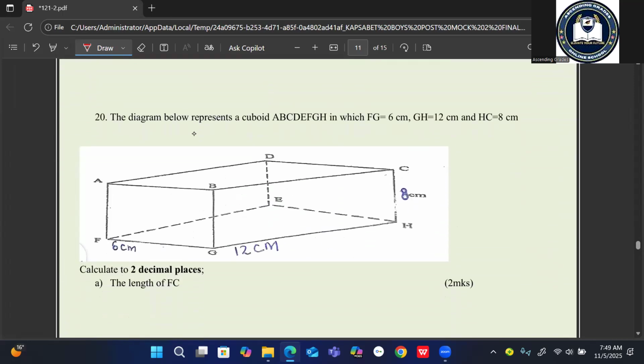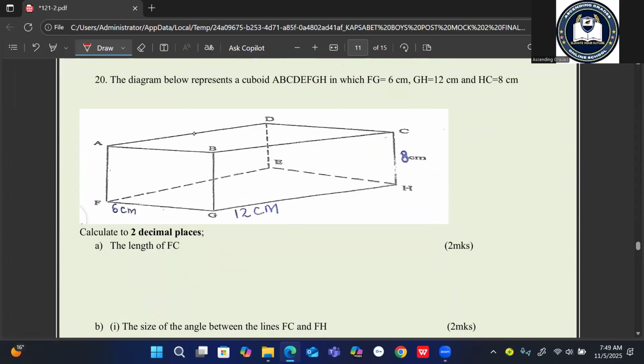That is number 20. The diagram below represents a cuboid ABCDEFGH, in which FG is 6 centimeters, GH is 12 centimeters and HC is equal to 8 centimeters.